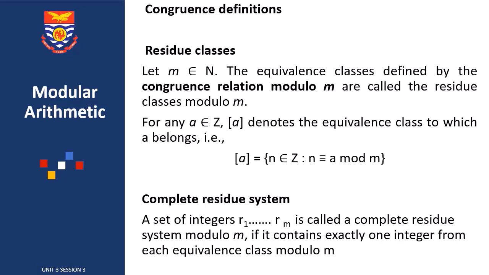Now, complete residue system. A set of integers r1 to rm is called a complete residue system modulo m if it contains exactly one integer from each equivalence class modulo m. Read more on the equivalence classes, and look out for the proofs. They are very interesting. In this course, you do more proofs. The more you do the proofs, the better you understand.